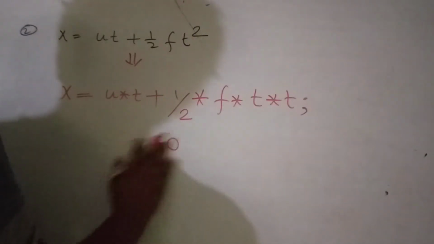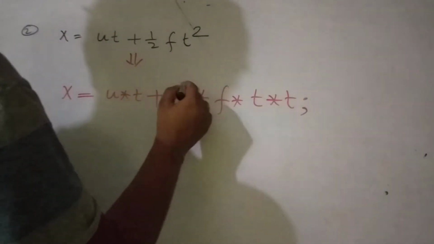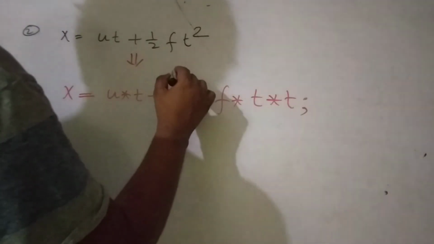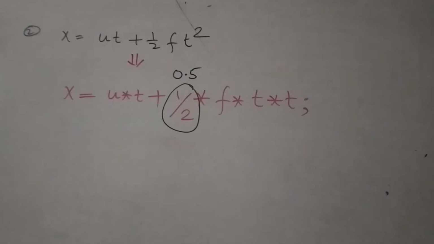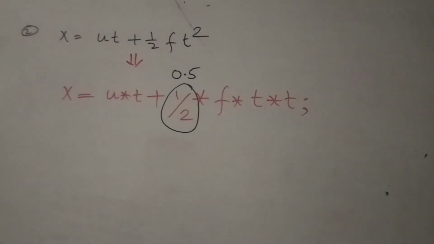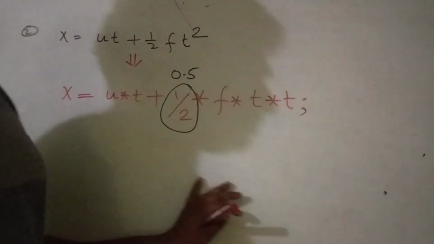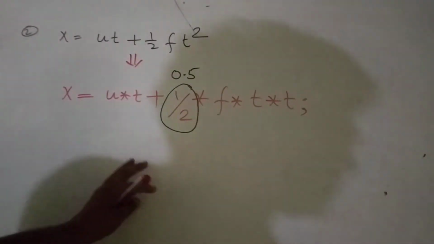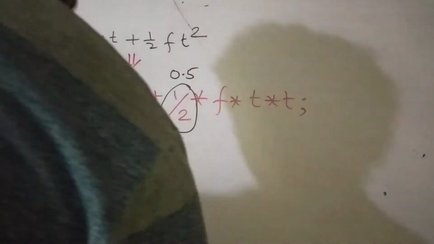Or this 1 divided by 2 can also be written as 0.5 into f into t into t. On the basis of this I will give you some more questions that you have to do, clear?